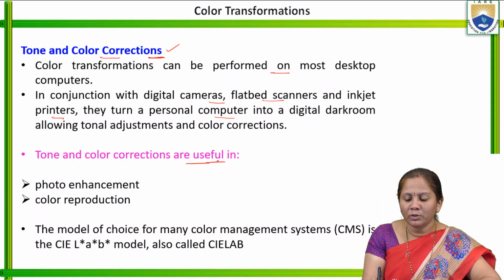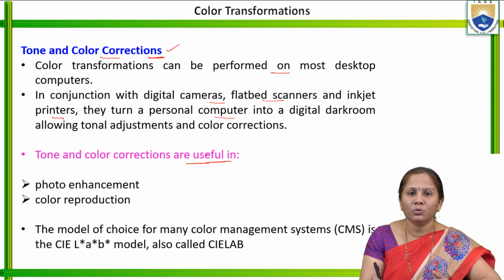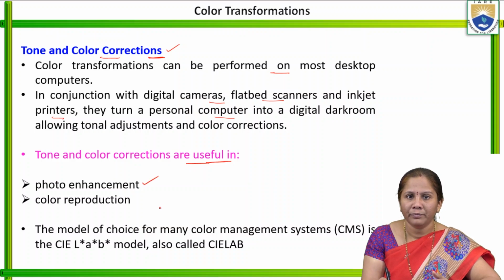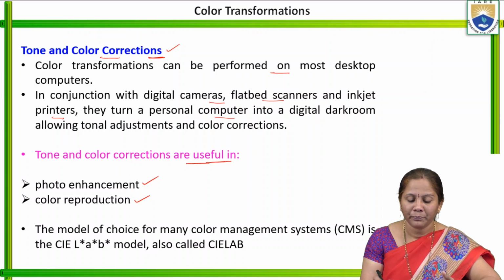Why are we going to learn and apply this to images? There are different advantages: by applying tone and color corrections, image enhancement and color reproduction can be done, and the quality of the image will be enhanced. Due to that, tone and color corrections need to be performed.